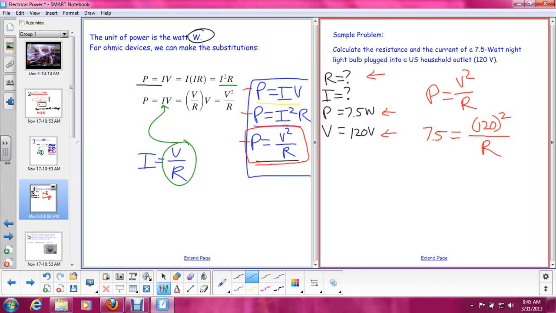A little bit of math here. When you solve for this equation, what you want to do is multiply both sides by R. So then you have 7.5 R is equal to 120 squared. And then you divide both sides by 7.5.